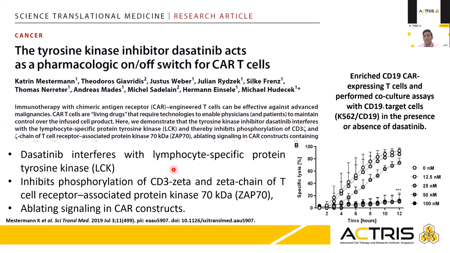And through this interaction, it could control the ability of the CAR T cells to be activated or deactivated. And this graph, which is sort of like a co-culture system, an in vitro system, but of course the study has gone on to do significant in vivo studies, shows that enriched CD19 positive CAR T cells were co-cultured with the CD19 positive target cell in presence and absence of dasatinib, and you can see that the specific lysis of the target cells was severely impacted when the dosage of dasatinib was increased, showing that this is a mechanism through which CAR T cells can be switched on and off, right?